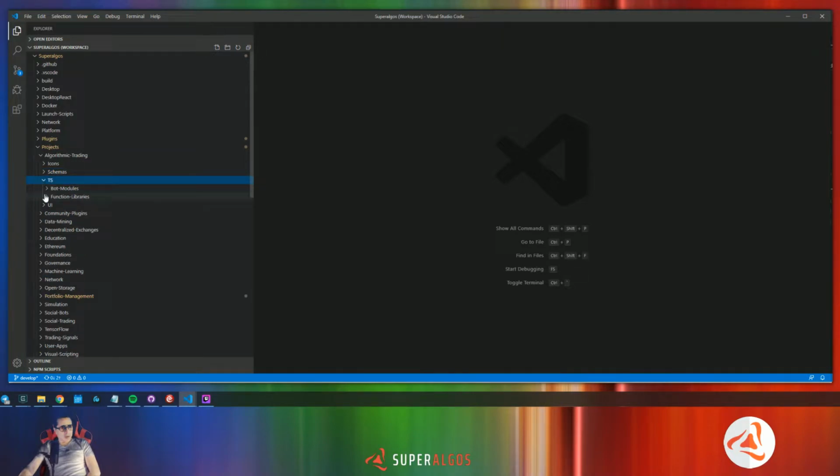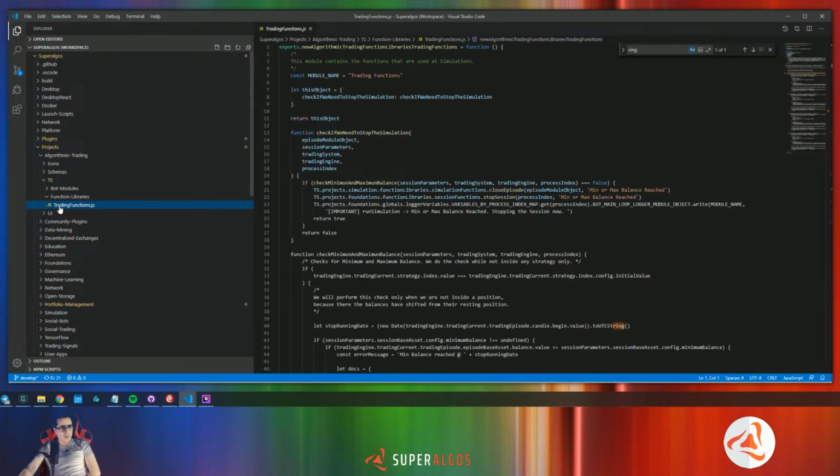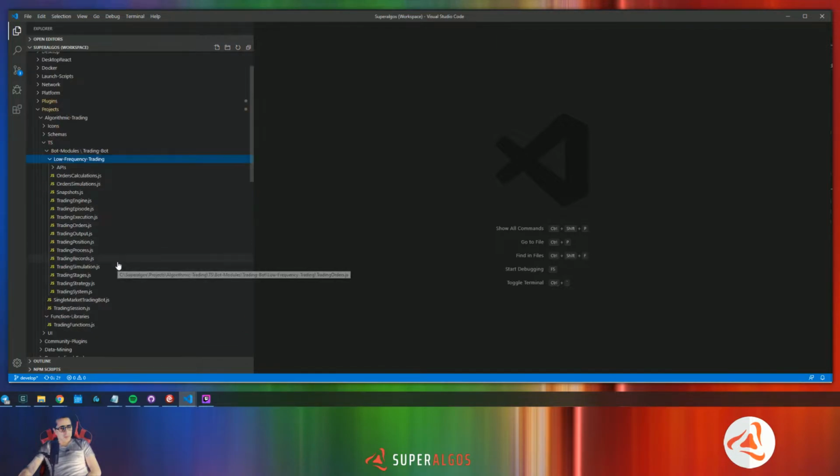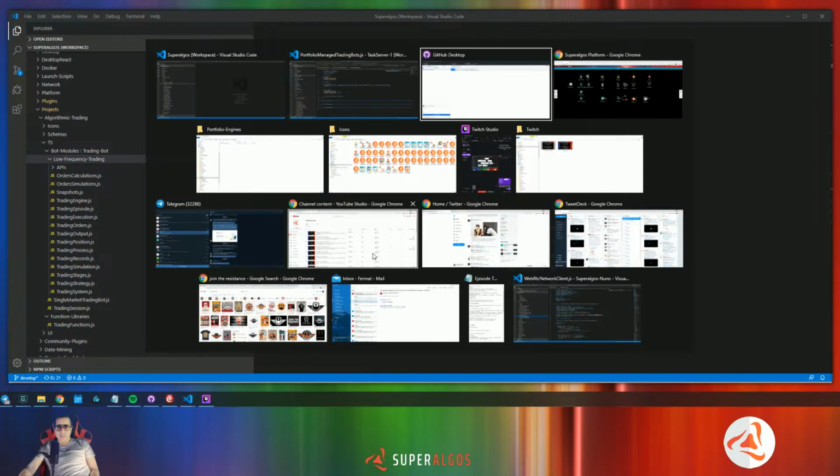So, algorithm trading. Okay, it's not this one, but somewhere we were using this to visualize it.